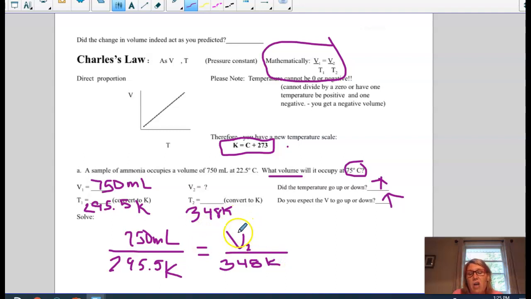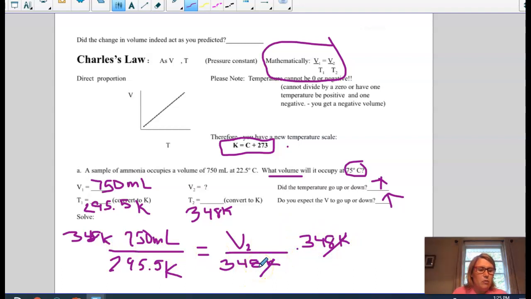Well, we have to isolate the variable. We have to get V2 by itself. So I'm going to multiply both sides by 348 K. K cancels out.